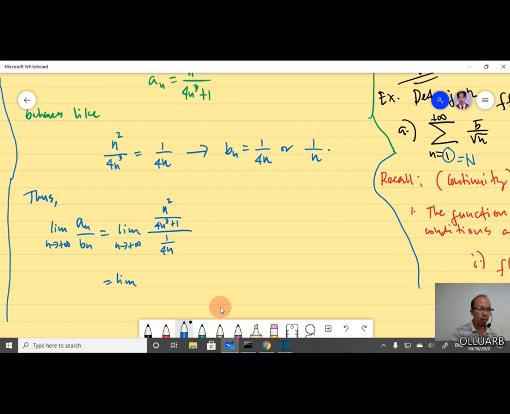So simplify, we have n squared over 4n cubed plus 1 times 4n over 1 as n approaches positive infinity.